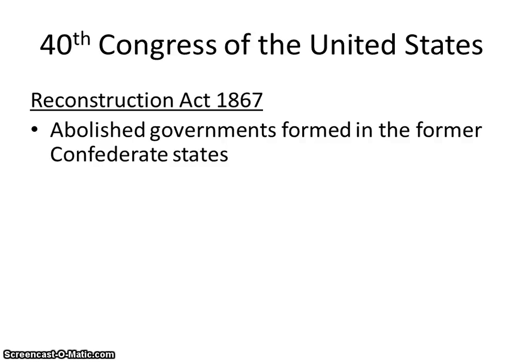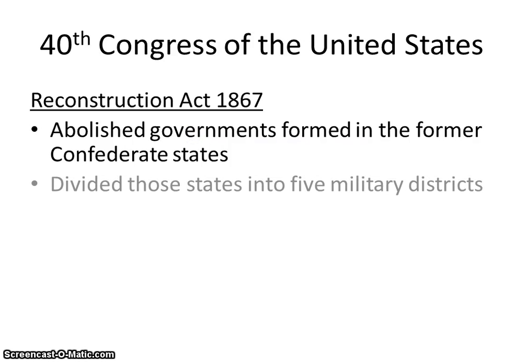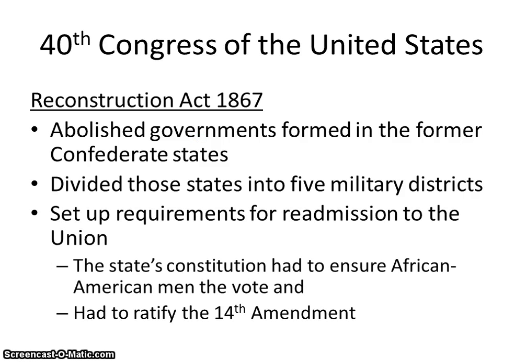Now this abolishes those governments that were created in 1866. It divides the states into 5 military districts, meaning that the military is going to come in and run those areas. They set up new requirements for readmission to the Union. They have to ratify the 14th Amendment, and those new state constitutions have to ensure African American men the vote.